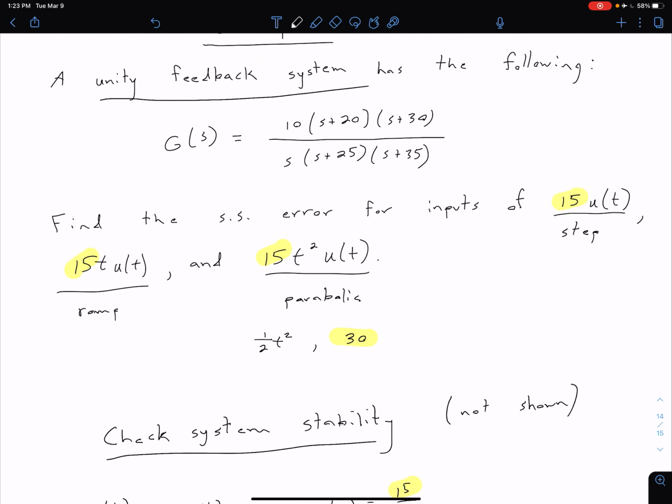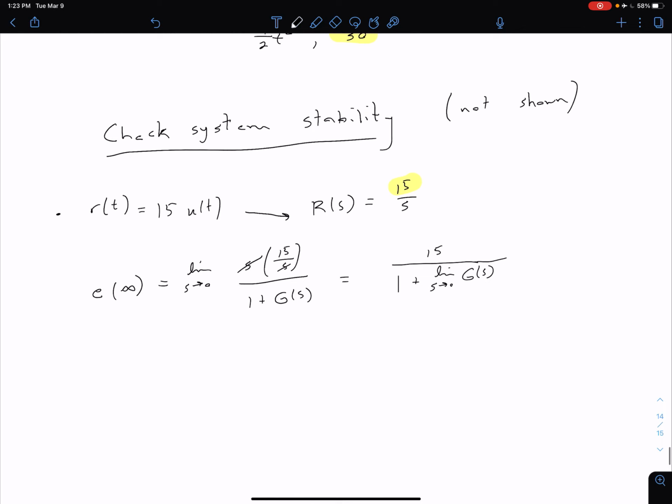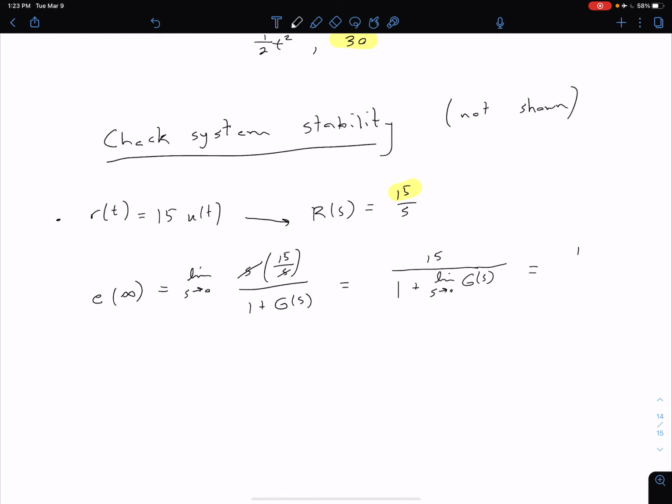We let all of these s's go to 0, and because we have this s here, that limit is ultimately going to be equal to infinity. So this is equal to 15 divided by 1 plus infinity, which gives us 0.